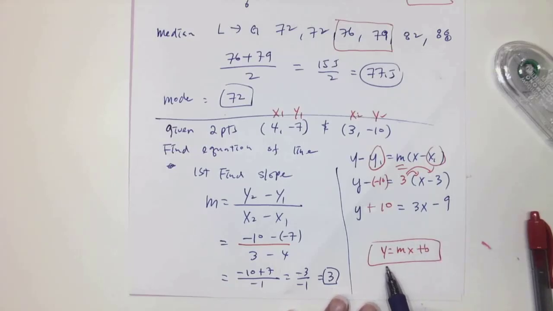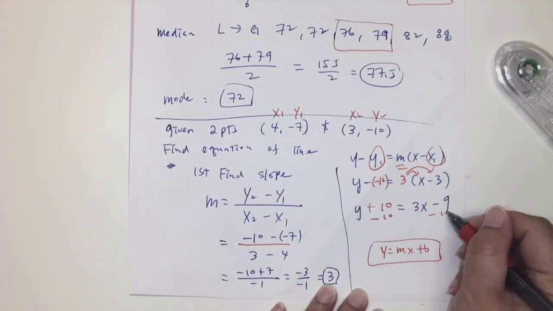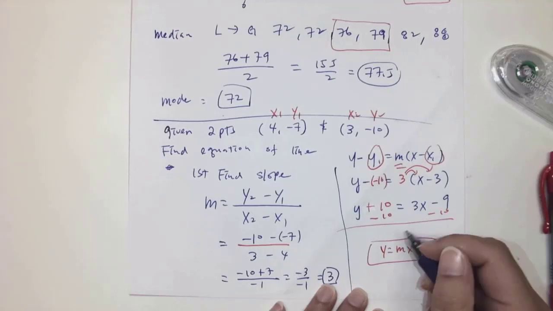Okay, I want y by itself. You only have one thing attached to y, which is... Oh, do I put the 10 with... How do I move it? What's the opposite of that? Subtract 10. Okay, y equal to?